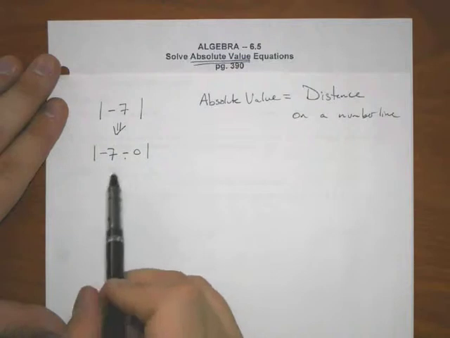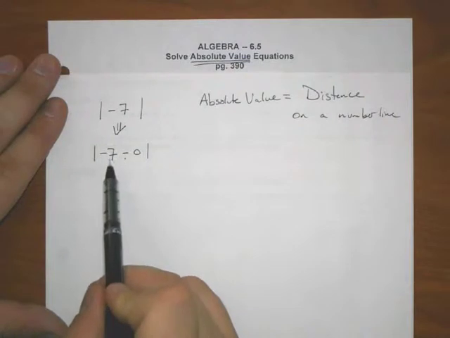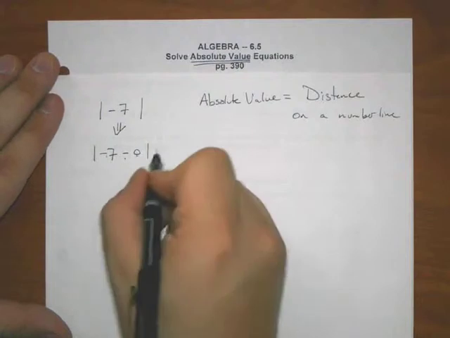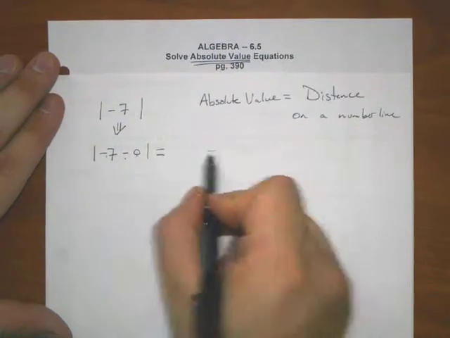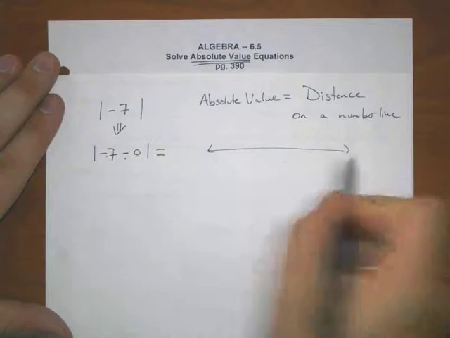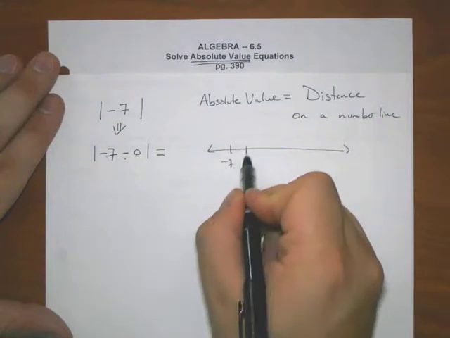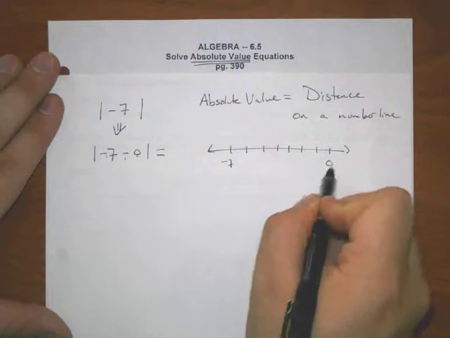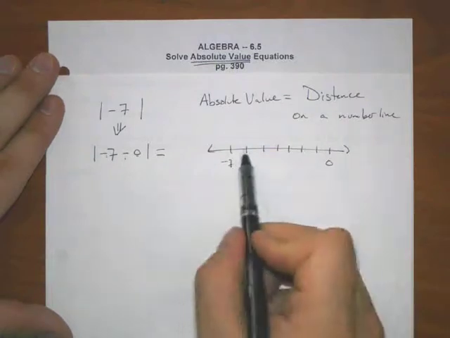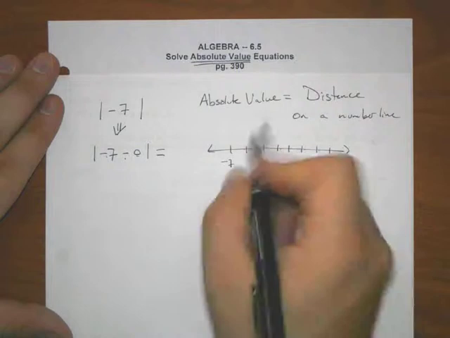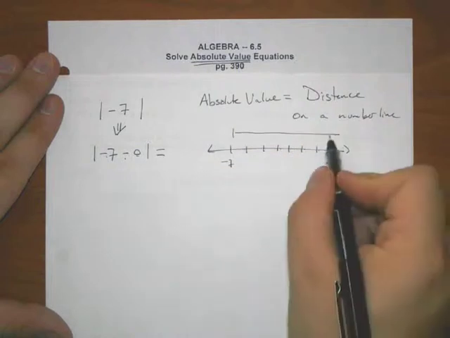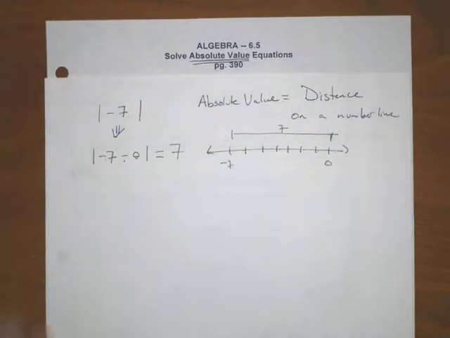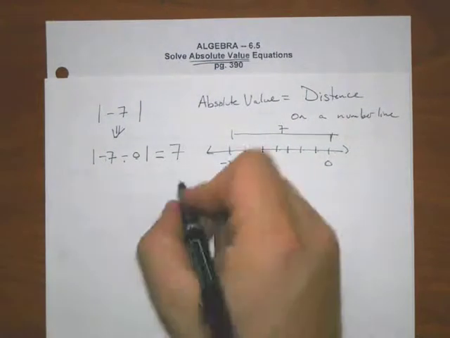So our interpretation of this would be the distance between -7 and 0. If you drew a number line with -7 over here, 5, 4, 3, 2, 1, 0, and counted the spaces, 1, 2, 3, 4, 5, 6, 7, these things have a distance apart of 7. The positive number 7, where distances are always positive.